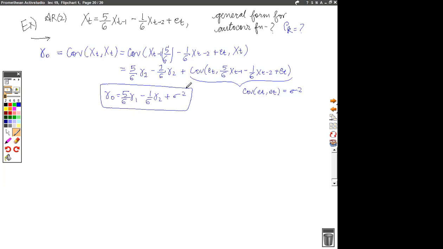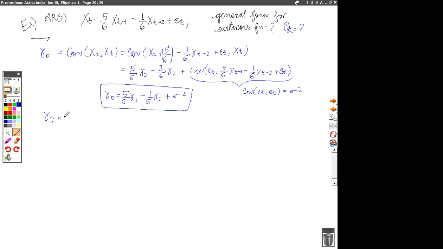Now let me try to figure out gamma 1. I hope you all can figure out gamma 1 and tell me what the gamma 1 value will be here. Write it down in your notebooks and tell me what I should write for gamma 1. Covariance xt comma xt minus 1.